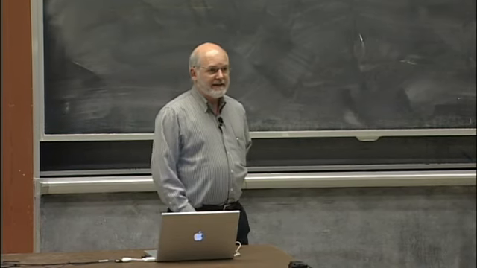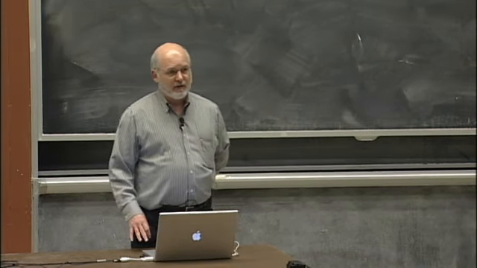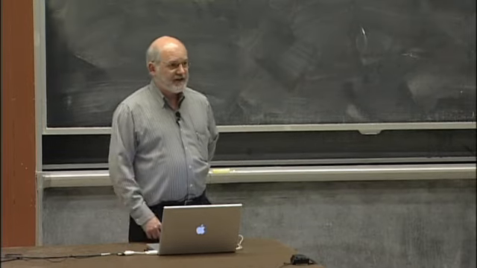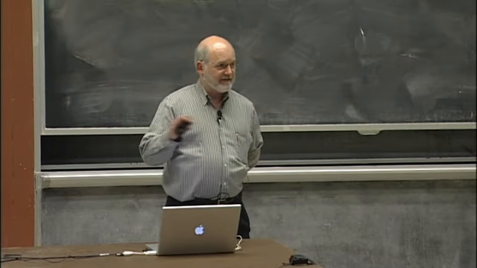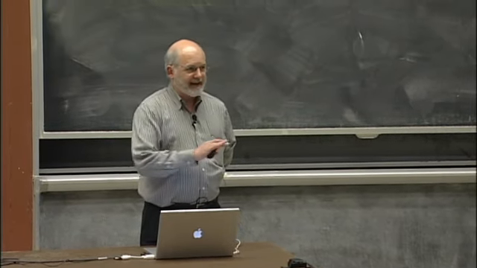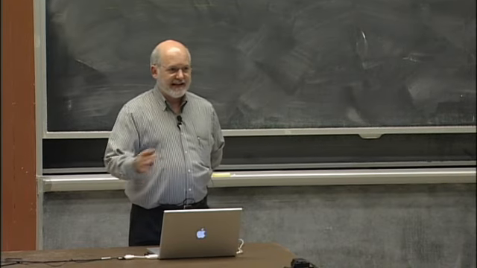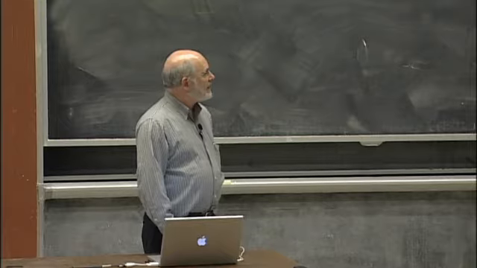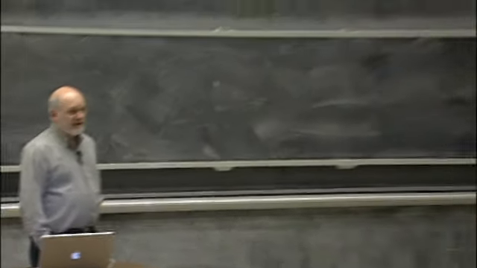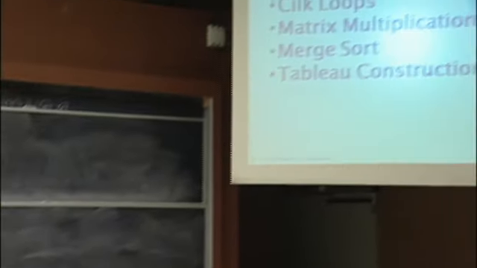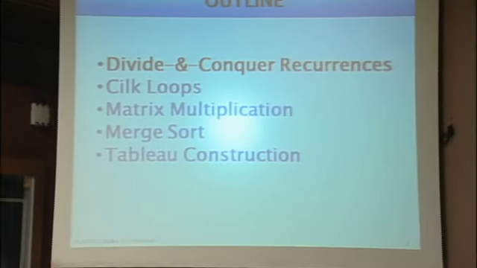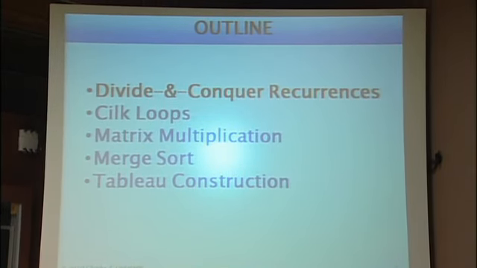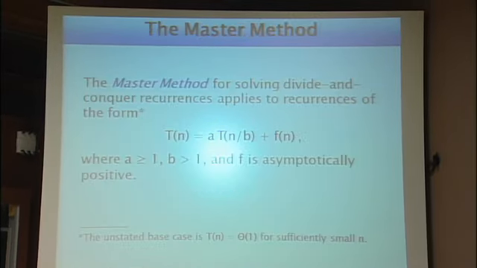The difference between these divide and conquer recurrences and the ones for caching is that caching is all tricky by the base condition. Here, all the recurrences are going to be nice and clean, just like you learn in your algorithms class. So we'll start with talking about it, and then we'll go through several examples of analysis of algorithms. And it'll also tell us something about what we need to do to make our code go fast.